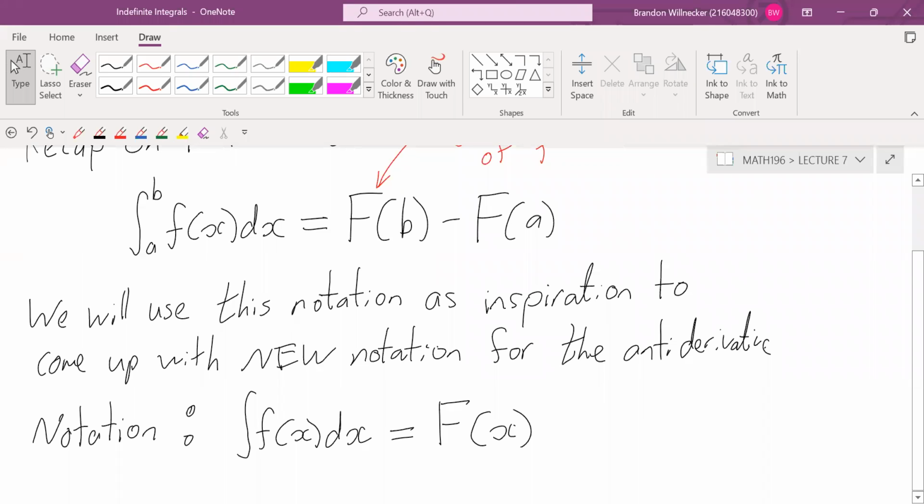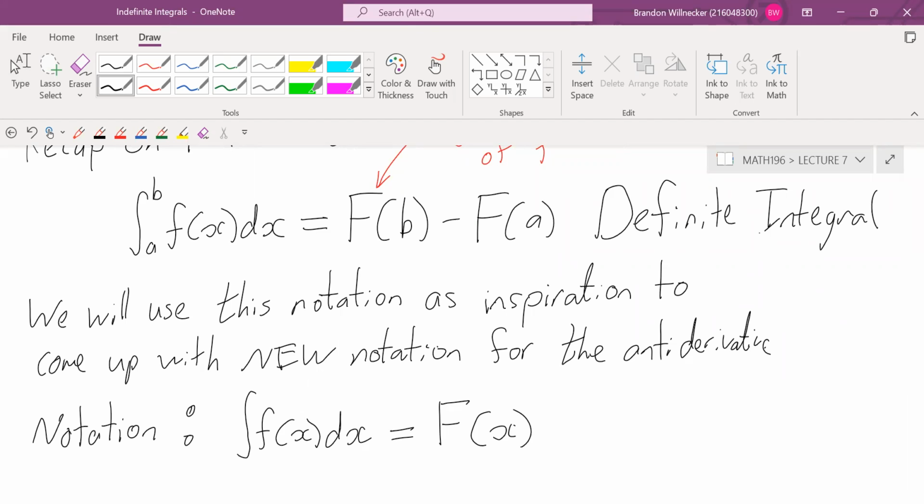And we can see the similarities between this notation and the previous notation. So for a definite integral, like we looked at last time, we have this elongated S shape. So the integral from a to b, and then that is given by the antiderivative at b minus the antiderivative at a. Okay, we covered that before.